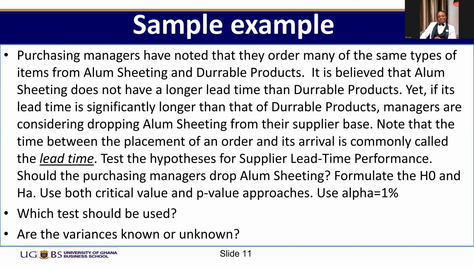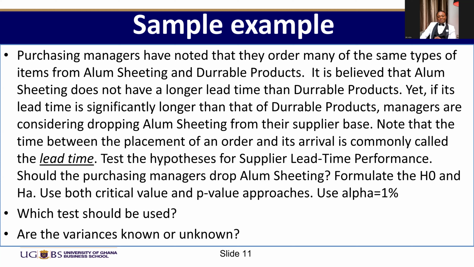You got to eat the content like you are the overall boss. You have the mental nuances. The language is clear in your head. So as a purchasing manager, you normally buy the same thing from 2 companies, alum sheeting, durable product, alum sheeting, durable product.